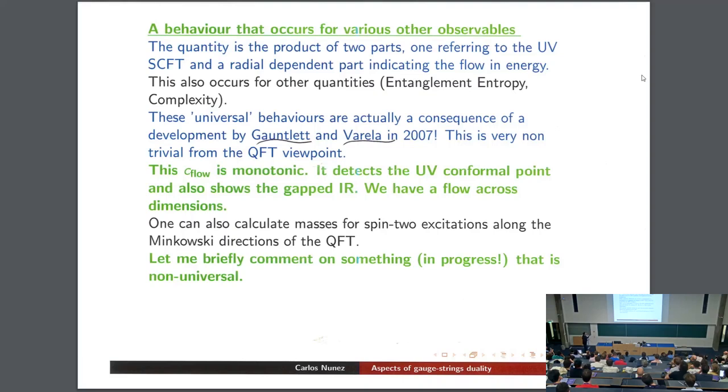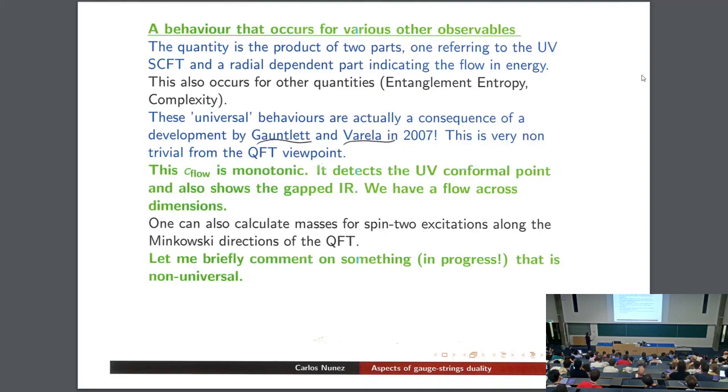Okay? These universal behaviors are actually a consequence of a development a long time ago by Gauntlett and Varela, and this universality is very non-trivial from the viewpoint of the quantum field theory. In holography it is almost a trivial consequence of this development of Gauntlett and Varela.